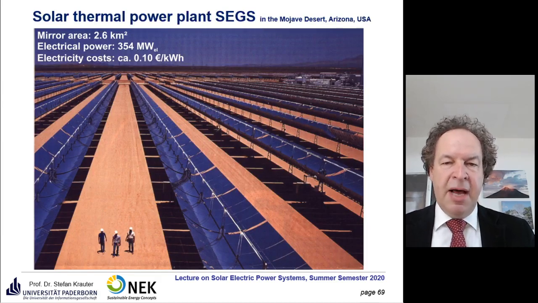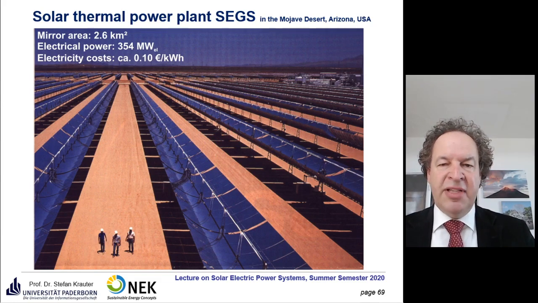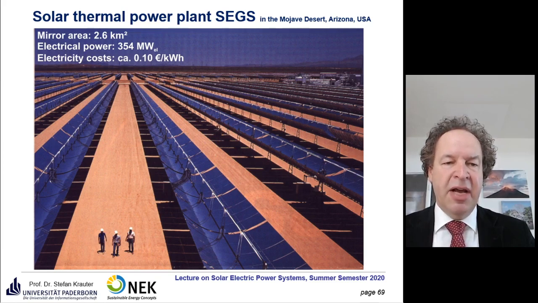Here is a bit newer example from 1985 in the Mojave Desert in California in the United States. It was built during the government of Jimmy Carter, and it was for a very long time the largest solar energy plant in the world. In the end stage, it had about 354 megawatts electric, with a mirror area of 2.6 square kilometers.